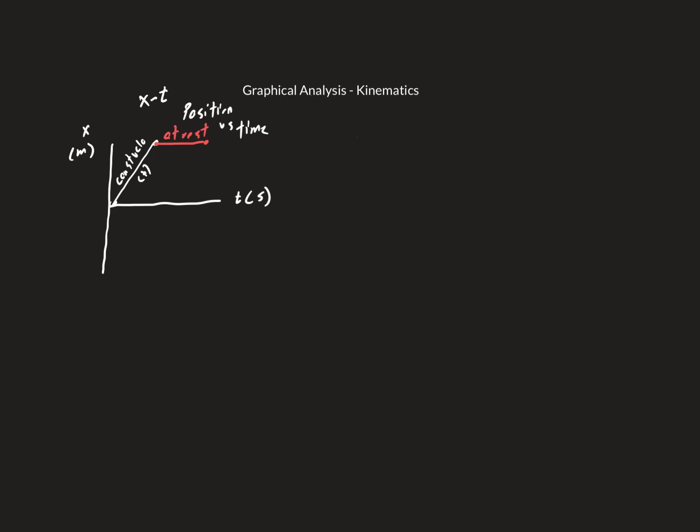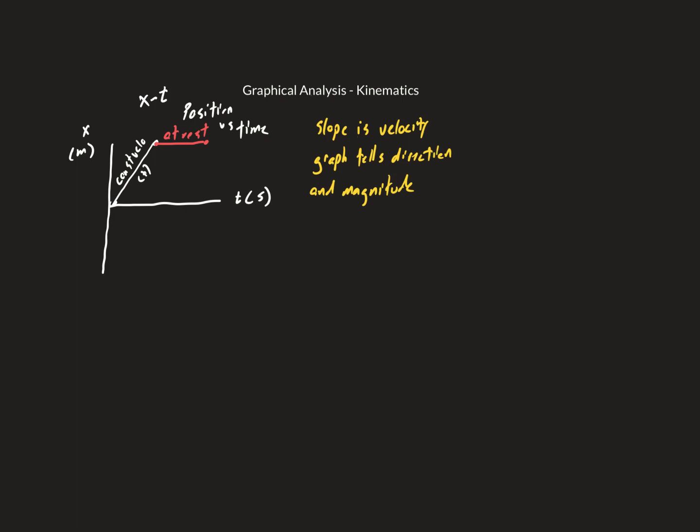Some major points to make sure we remember is that the slope of a position versus time graph is velocity. And the graph tells what the direction and the magnitude is. The first white chunk has a positive slope, so it has a positive velocity.